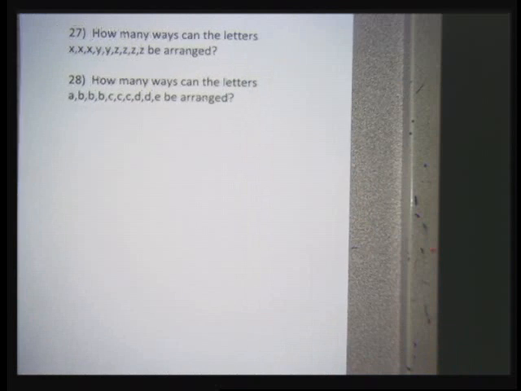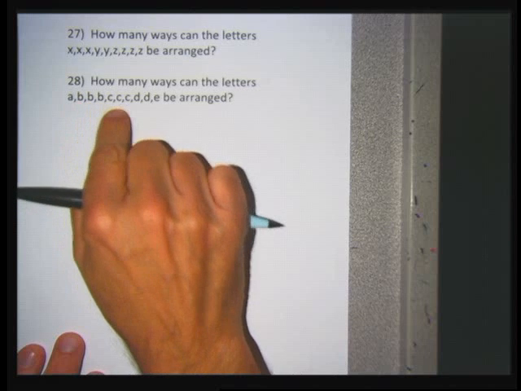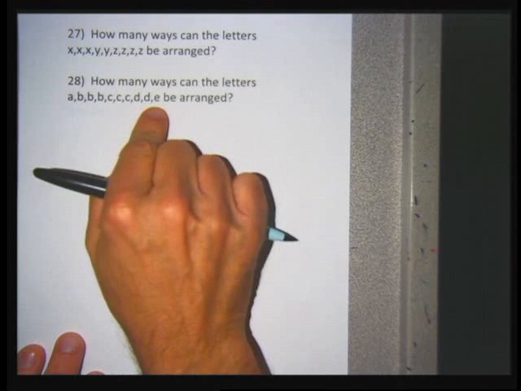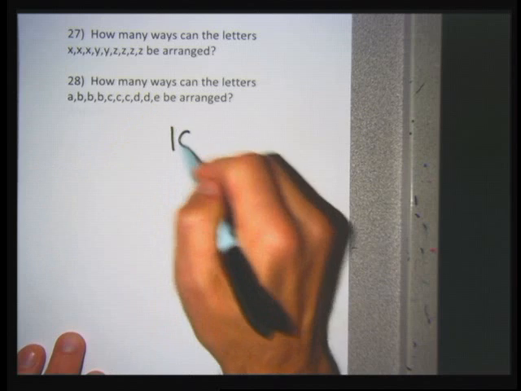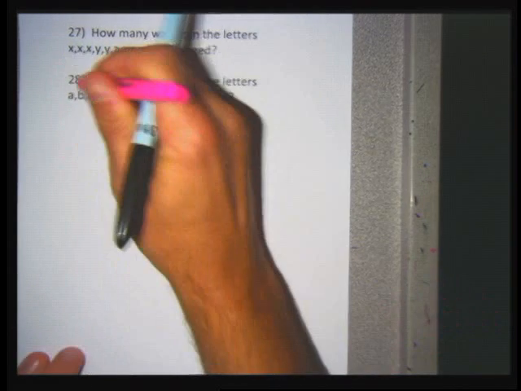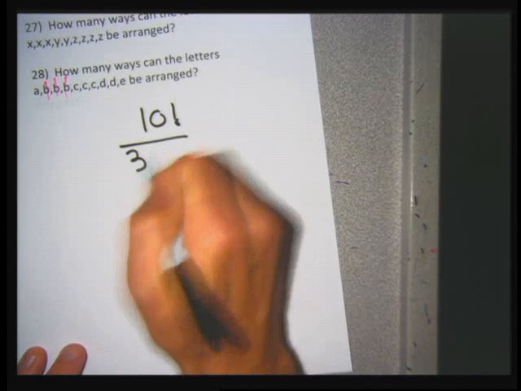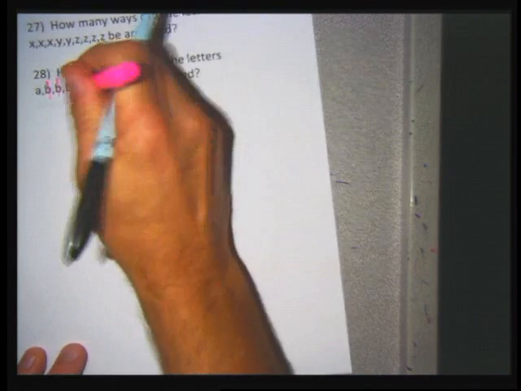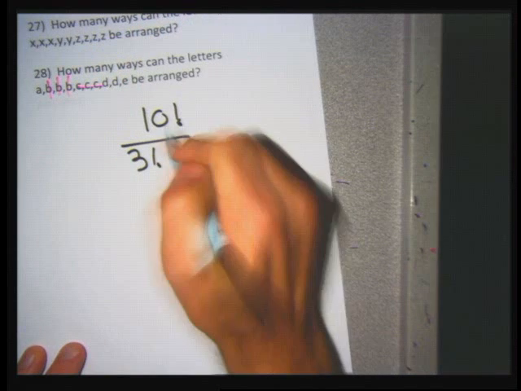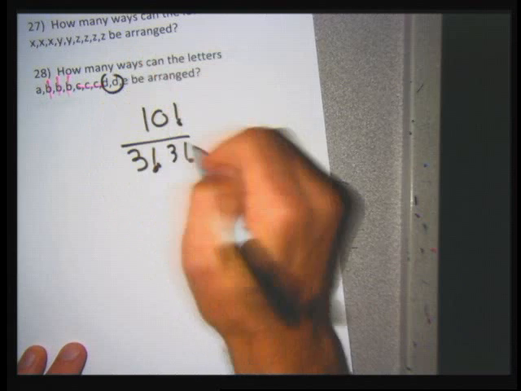How many ways can these letters be arranged? So in problem 28, there's 1, 2, 3, 4, 5, 6, 7, 8, 9, 10 letters. So the numerator is going to have a 10 factorial. And then the denominator is going to have a 3 factorial for the 3 B's, a 3 factorial for the 3 C's, and a 2 factorial for the 2 D's.